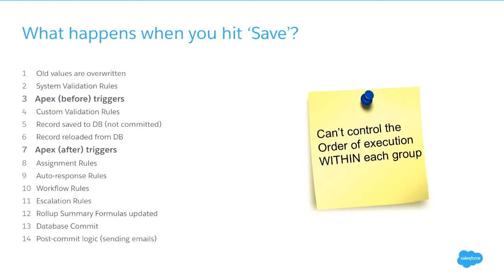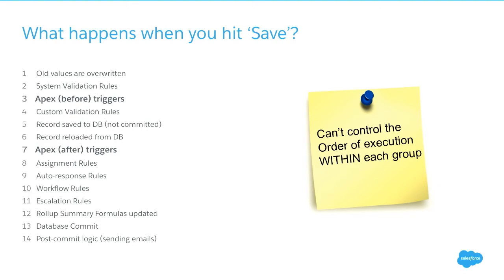In this session, we'll just be focusing on the third and the seventh step, which is basically the before triggers and the after triggers. So there's two types of triggers, before and after. The before triggers get executed before the data gets saved into the database, and the after triggers get executed after the save on the database happens, okay?